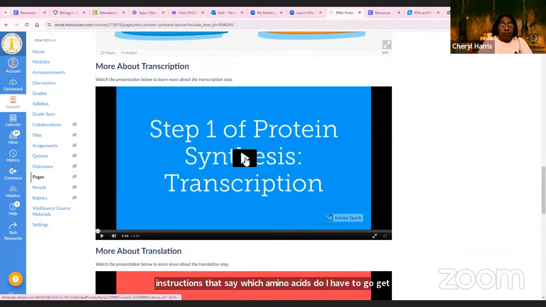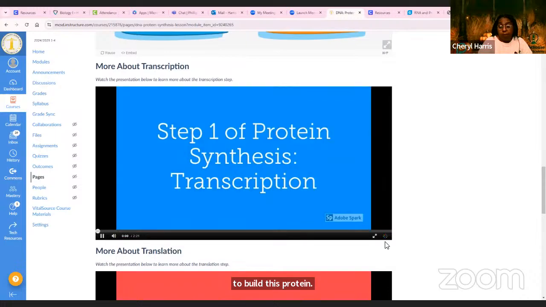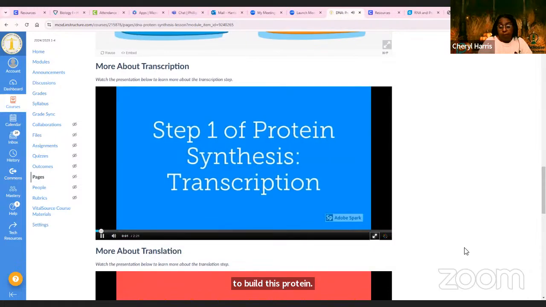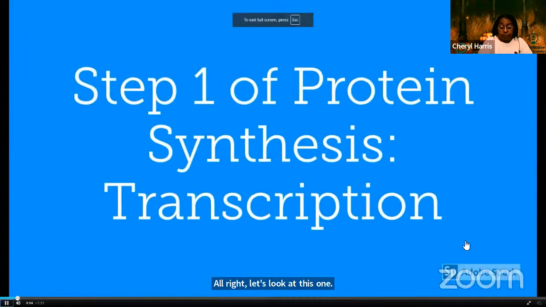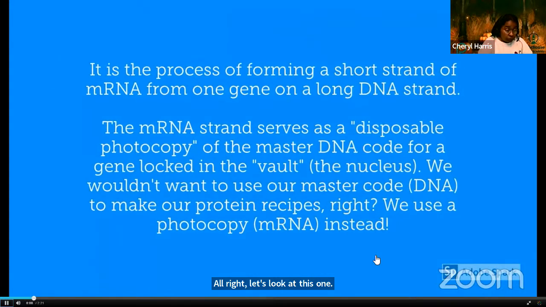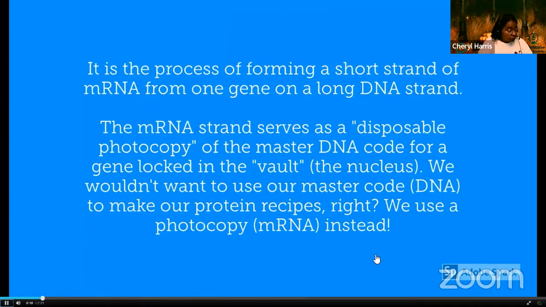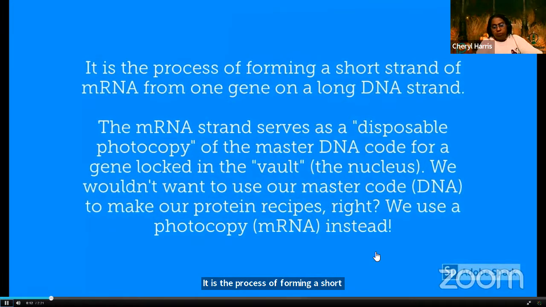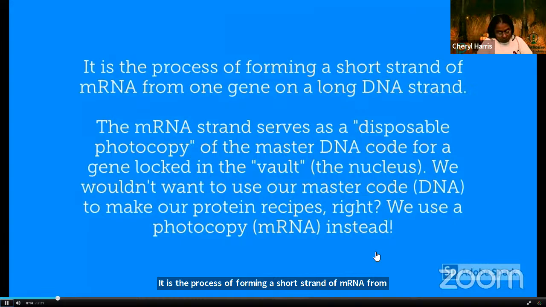All right, let's look at this one. Step 1 of protein synthesis, transcription. It is the process of forming a short strand of mRNA from one gene on a long DNA strand.